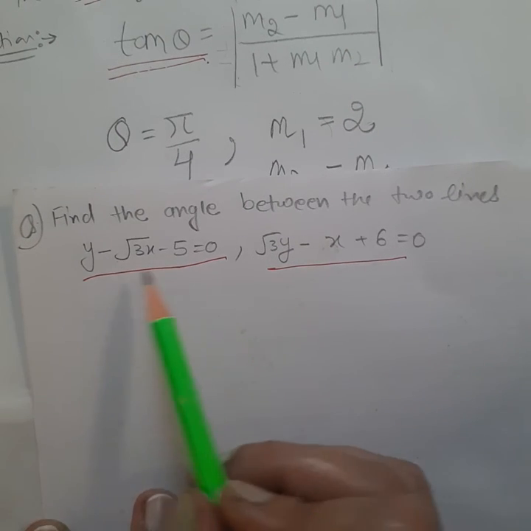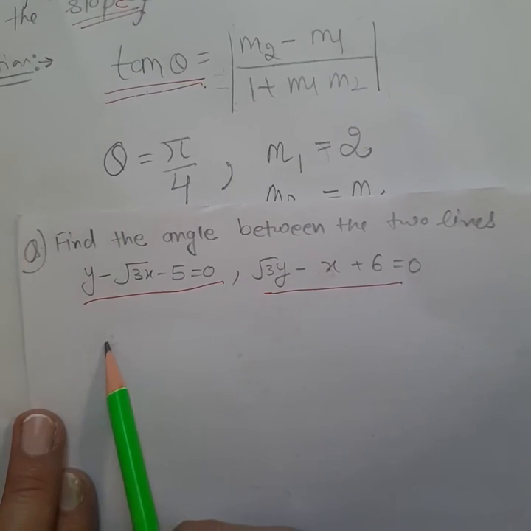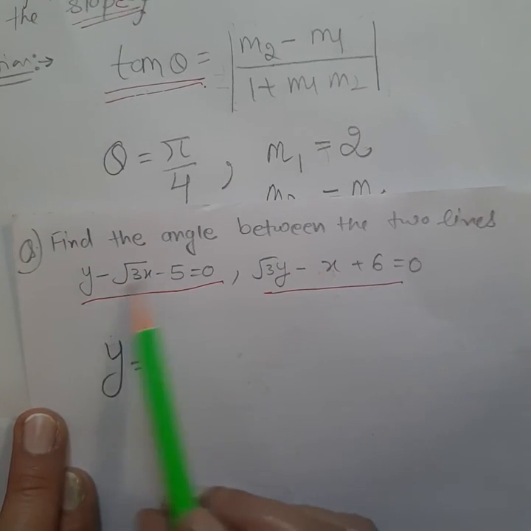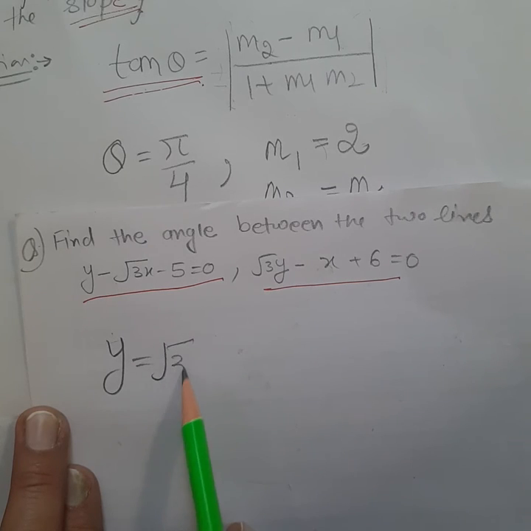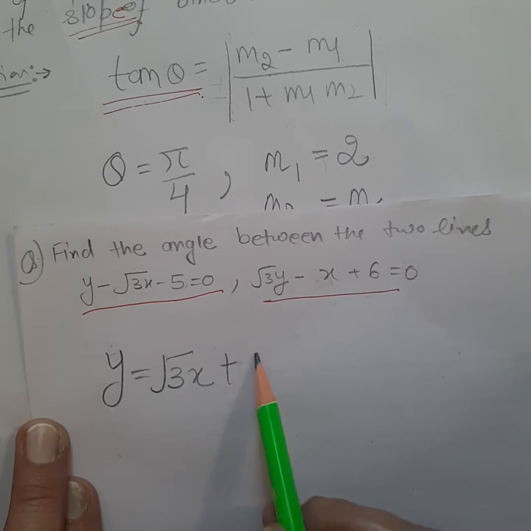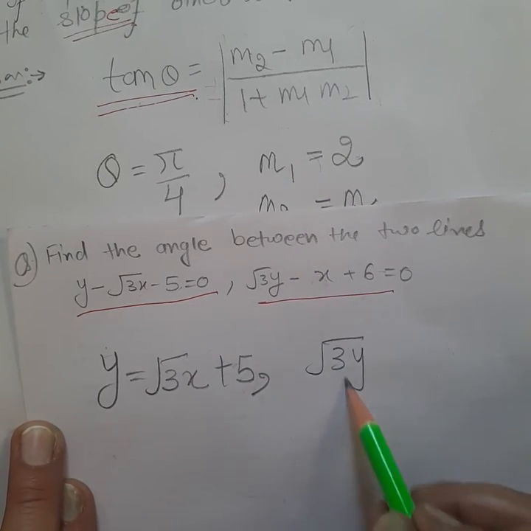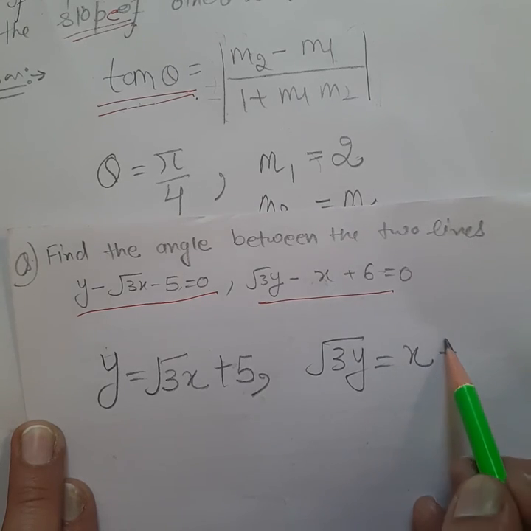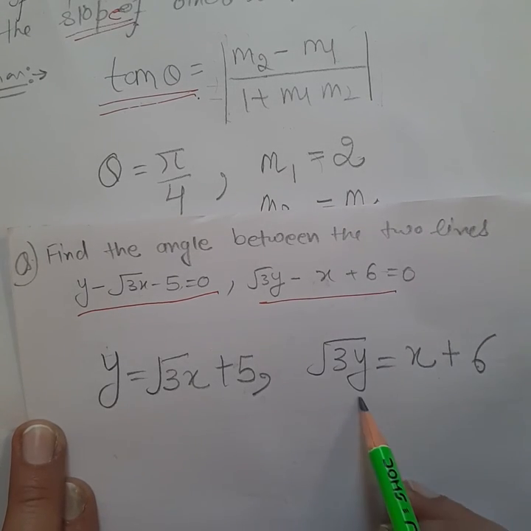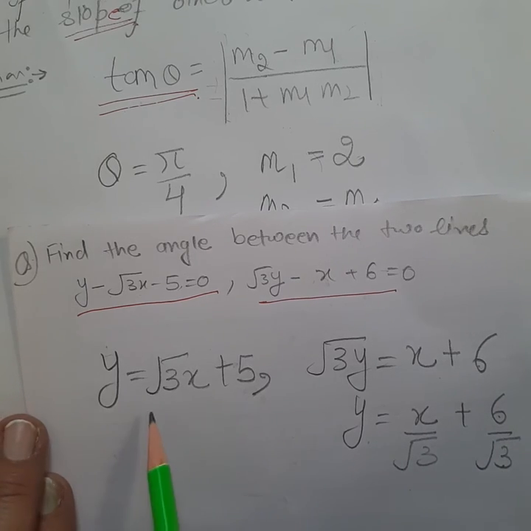To solve this, first of all you write y equal to root 3 x, taking it to the right hand side, plus m. Also for the second equation, you take the other terms to the right hand side, because we have to find the value of y only, and we take root 3 to the right hand side in the denominator.